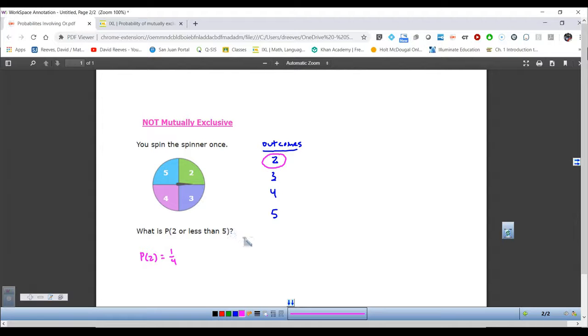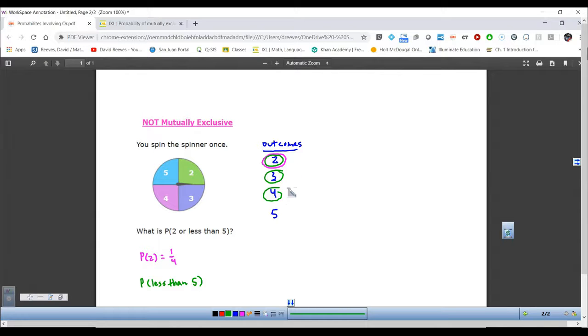And then the probability that it's less than 5. Well, 5 is not less than 5, right? But 4 is less than 5. 3 is less than 5, and do you agree that 2 is also less than 5?